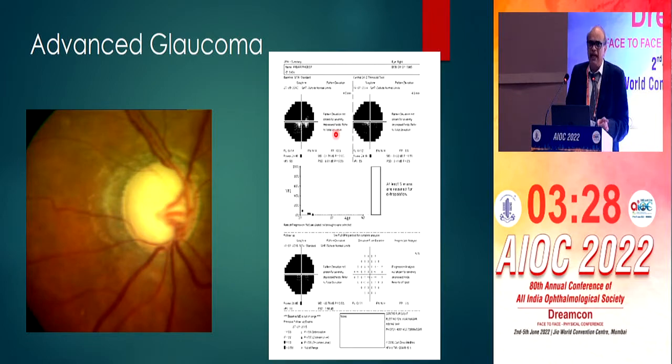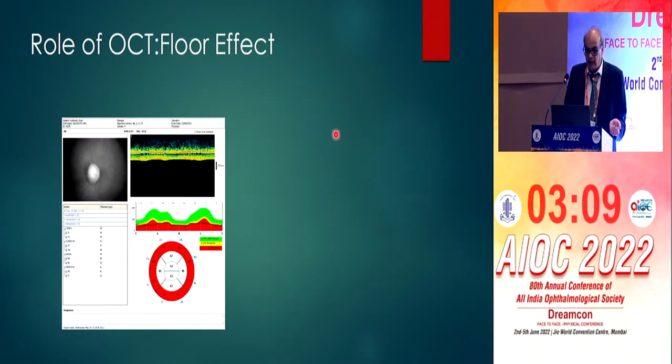If you do the perimetry on a standard 24-2 or 30-2 program, you do not get any information out of it, because even perimetry has a floor effect, where only a couple of decibels are left. Then what would you get or interpret out of it? Nothing. Same thing is true with the OCT.